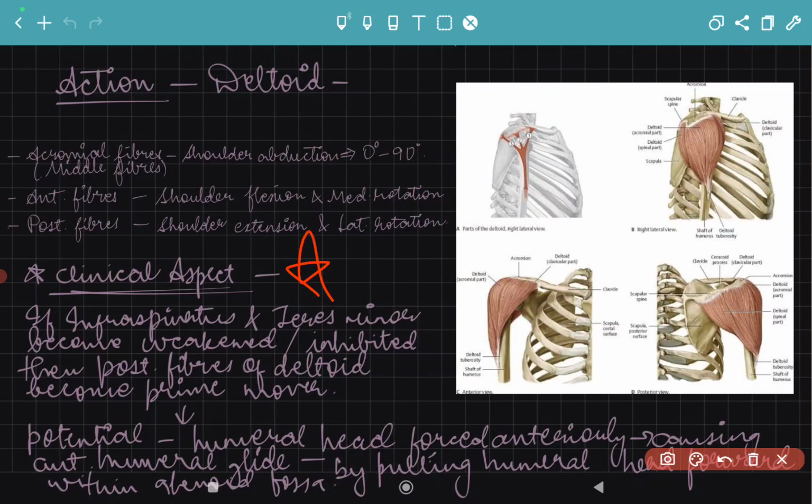Now if infraspinatus and teres minor, which are the rotator cuff muscles, part of rotator cuff, are weak or inhibited, then posterior fibers of deltoid will take over that role and they will become prime mover instead of infraspinatus and teres minor.